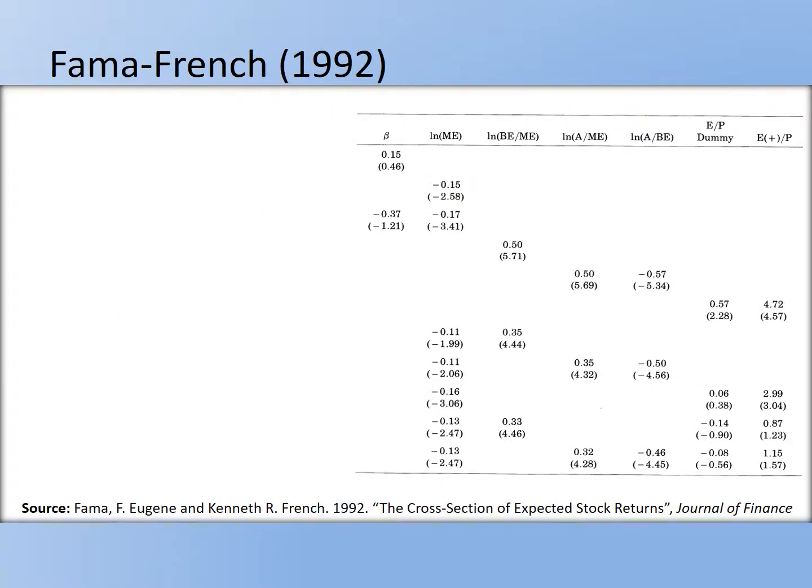Right. So Fama-French from 1992, as suggested in the previous slide, is basically adding factors that you might think would affect return into an OLS regression, corrected for serial correlation.